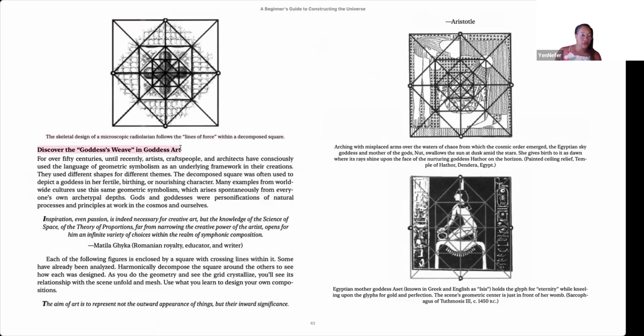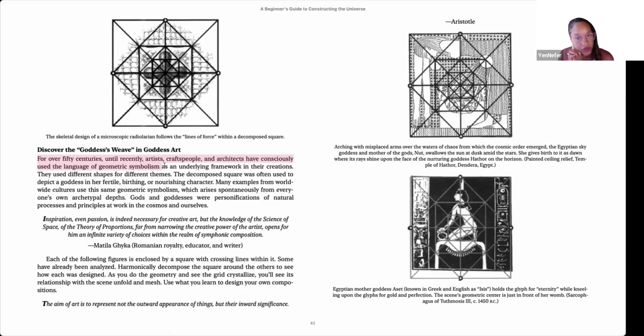Discover the goddess weave in goddess art. For over 50 centuries until recently, artists, craftspeople, and architects have consciously used the language of geometric symbolism as an underlying framework in their creations. They use different shapes for different themes.